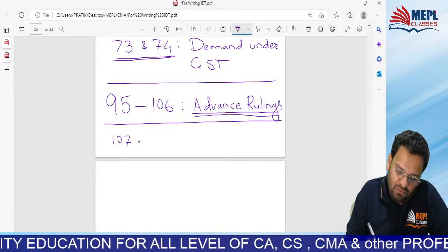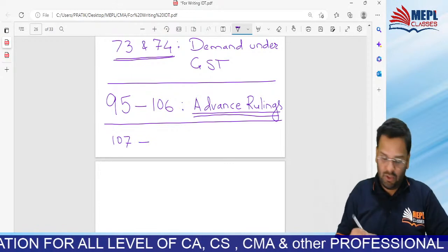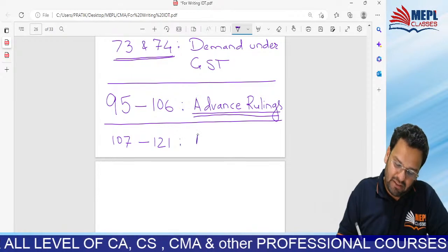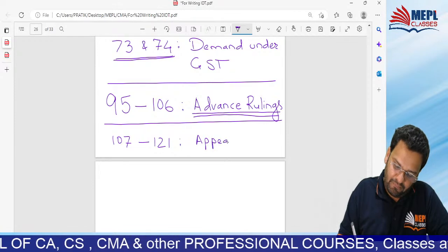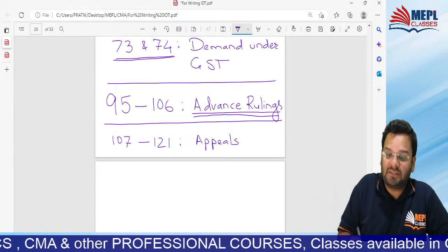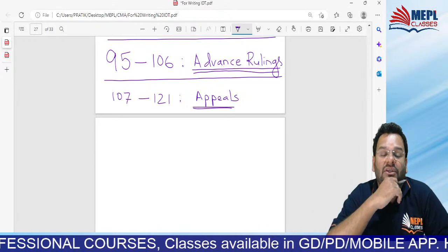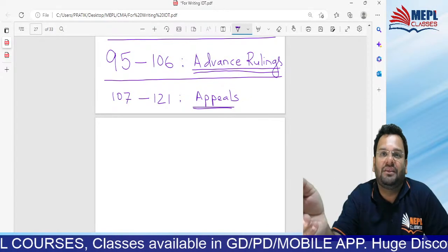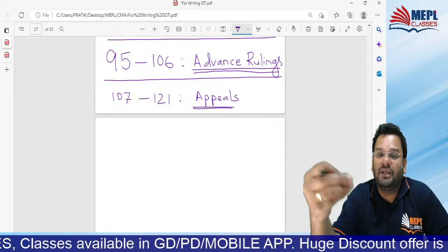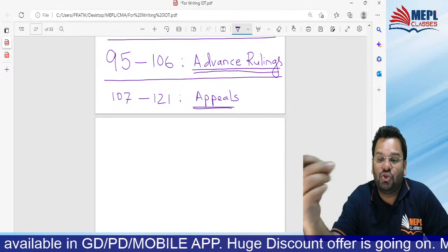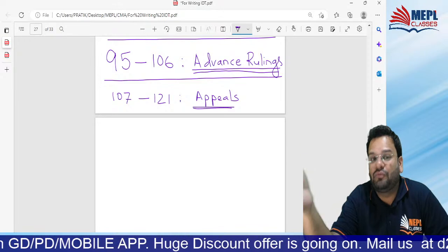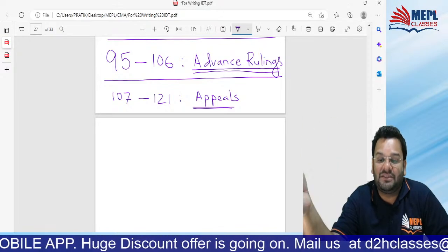Okay, then 107 to 121 is appeals under GST. If the assessee is not satisfied with any notice or any demand issued by the officer, then he can go in appeal.